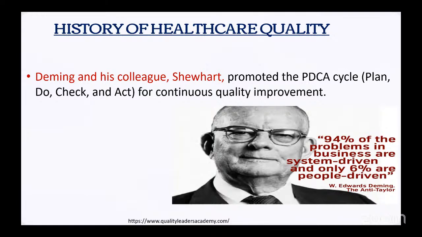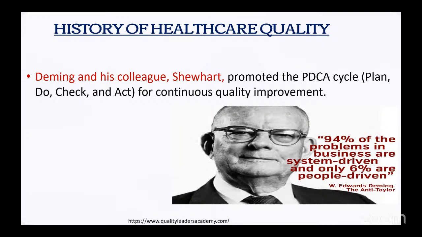And let me tell you, the man who started modern quality improvement was actually a statistician, not a doctor. Here you see the photo of Edward Deming, and Deming, along with his colleague Shewhart, developed the PDCA cycle, that is Plan, Do, Check, Act, for continuous quality improvement. They developed this in the 1940s and 50s for manufacturing.